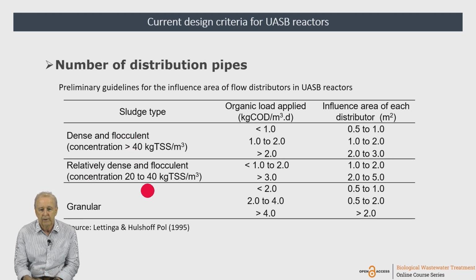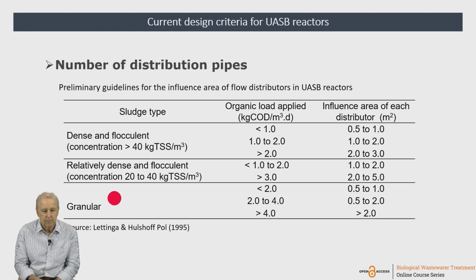It depends on the organic load rate applied to the reactor. And with this, we determine the influence area of each distribution pipe. In the case of domestic sewage, usually we have this sort of sludge, dense and flocculent, with concentration just above 40 kilograms total suspended solids per cubic meter. It means 4% sludge.